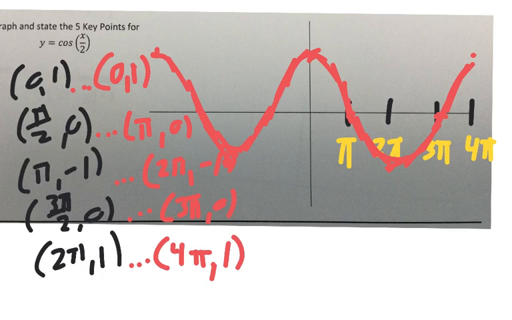So on the graph, this actually looks just like my original parent function, cosine. But why is it not the same? Because the values of the tick marks are different. That's how I've changed the graph. I've changed that window. I've changed what I'm looking at.